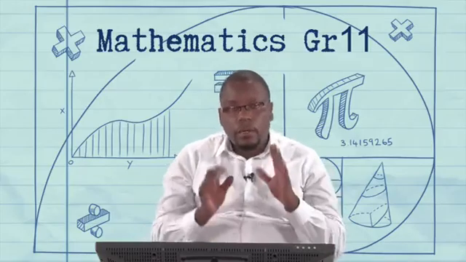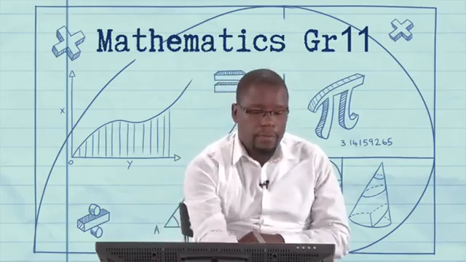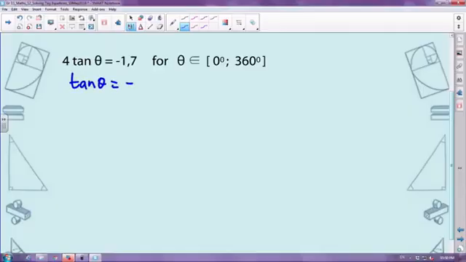All right, guys, good try. Let's look at it now. You've got your tan theta is minus 1.7 all over 4. That's what we agreed on. You make sure that your trig ratio is the subject of the formula.